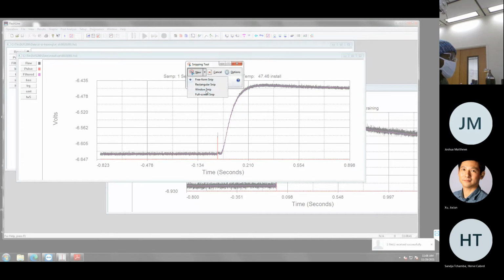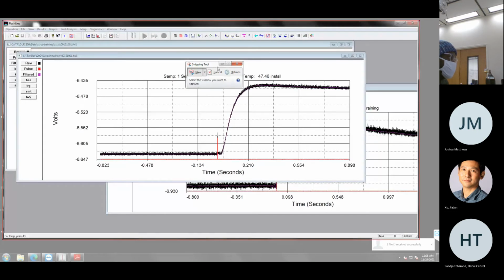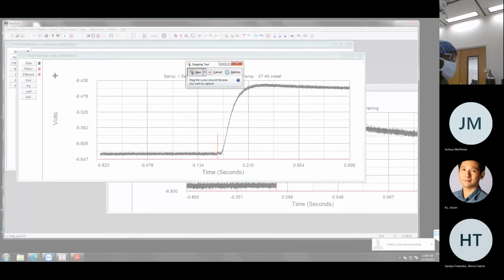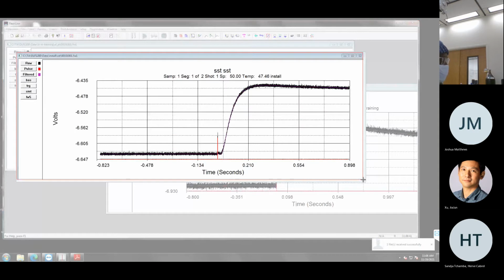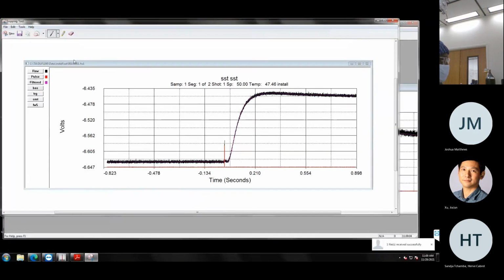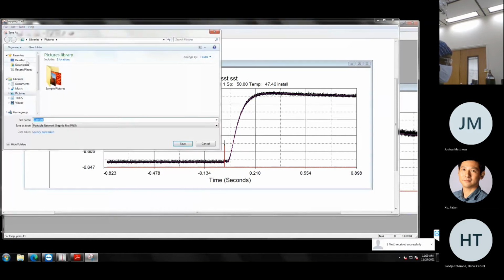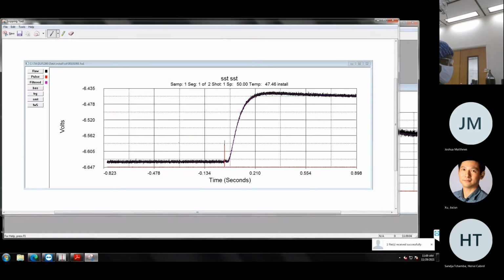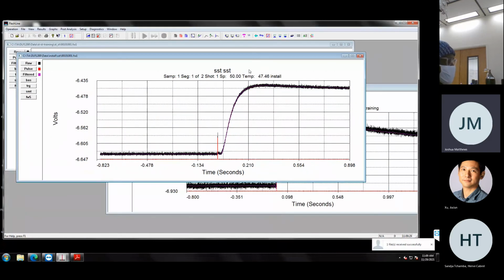Cool. Now you have a reference for the shape of the graph that you want.